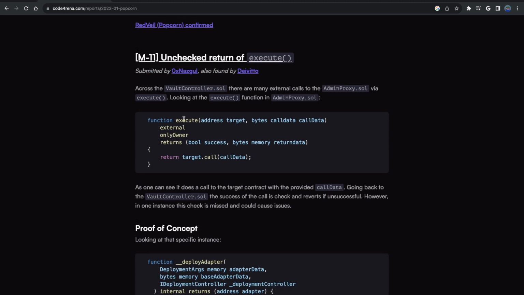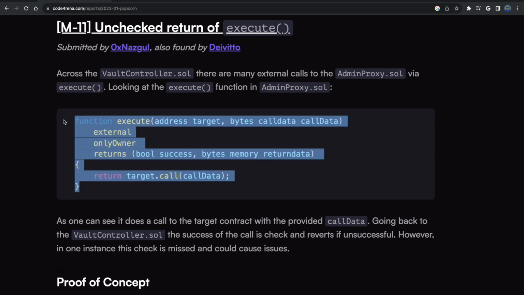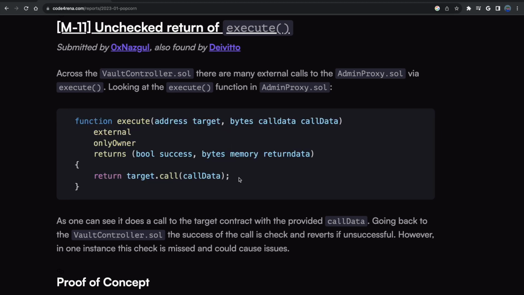So let me zoom in some. We have this execute function which performs a call to an external target, and it looks like it just automatically performs the execution without a check of what's happening.